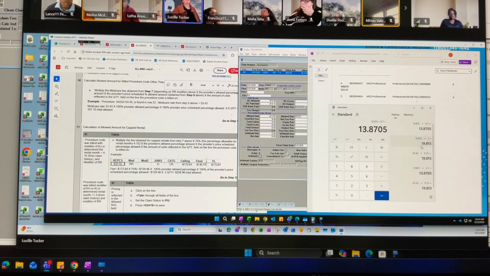I just skipped the step where I was multiplying it by 1. Because 100% is equivalent to multiplying your number by 1. Now, if this was 105%, then I would not skip that step. I would multiply it by 105. Okay? Any other questions?